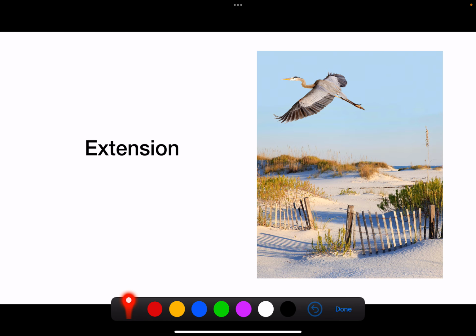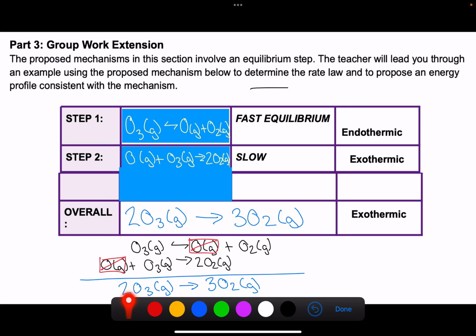Let's look at the extension. All right, so we have this one here. This is ozone, and it's being broken down into O and O2. And then O and O3 produces 2 O2. So I get my reaction down here. Who is my rate determining step?